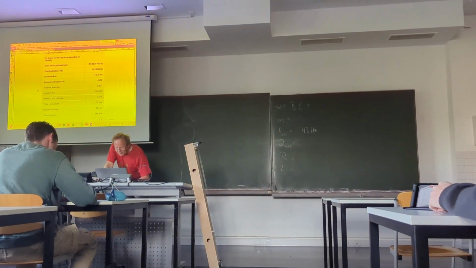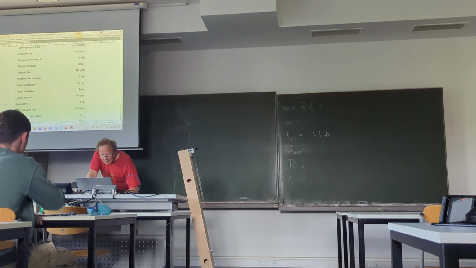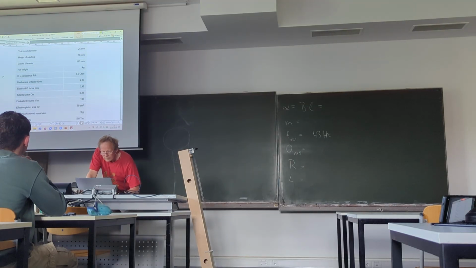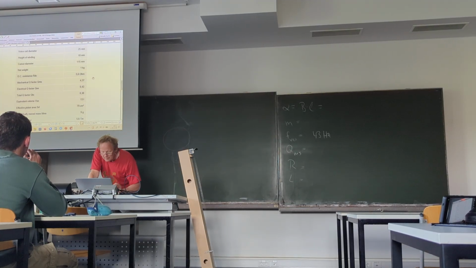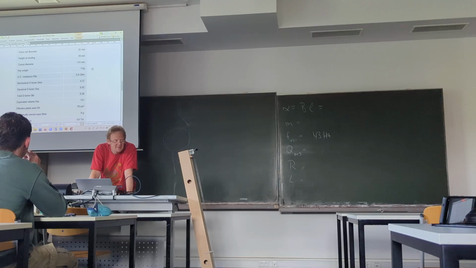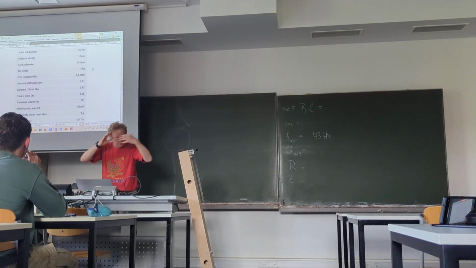And what else can we find here? One thing we're looking for is the mass of the diaphragm. Here is a mass. A diaphragm cannot have a weight of 1 kilogram. No, this is of course the mass of the complete thing.